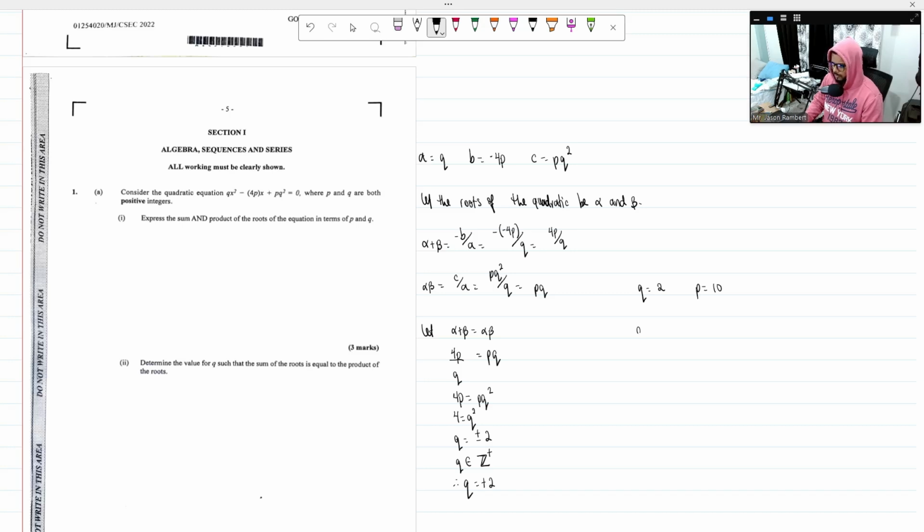So qx squared minus 4px plus pq squared is equal to 0. 2x squared minus 4 into 10 x plus 10 into 2 squared is equal to 0. Simplify down. 2x squared minus 40x plus 40 is equal to 0.